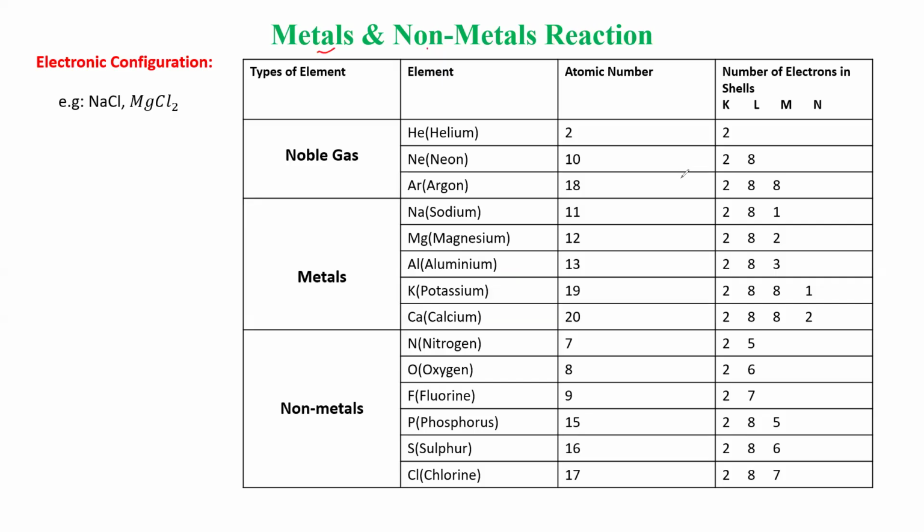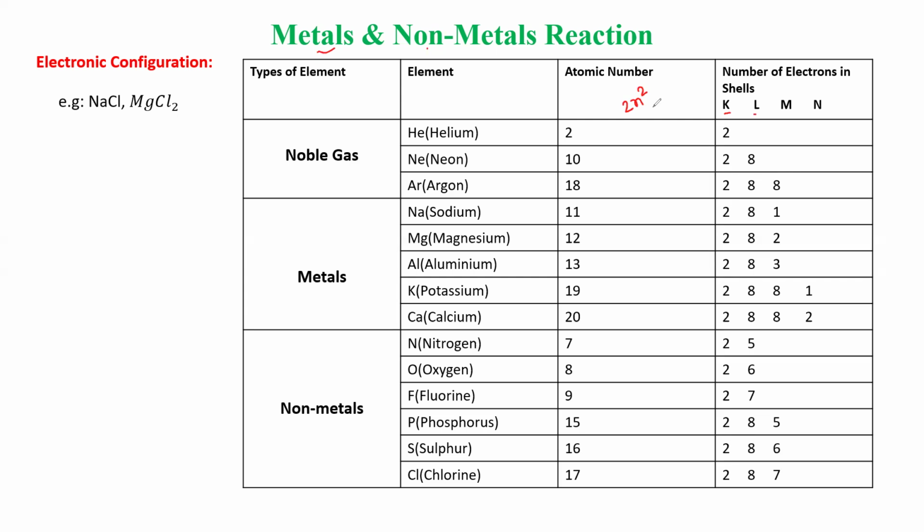On the basis of the element's atomic number, the orbits K, L, M, N are given. The number of electrons in a particular orbit is given by the formula 2n squared, where n is the number of the orbit.